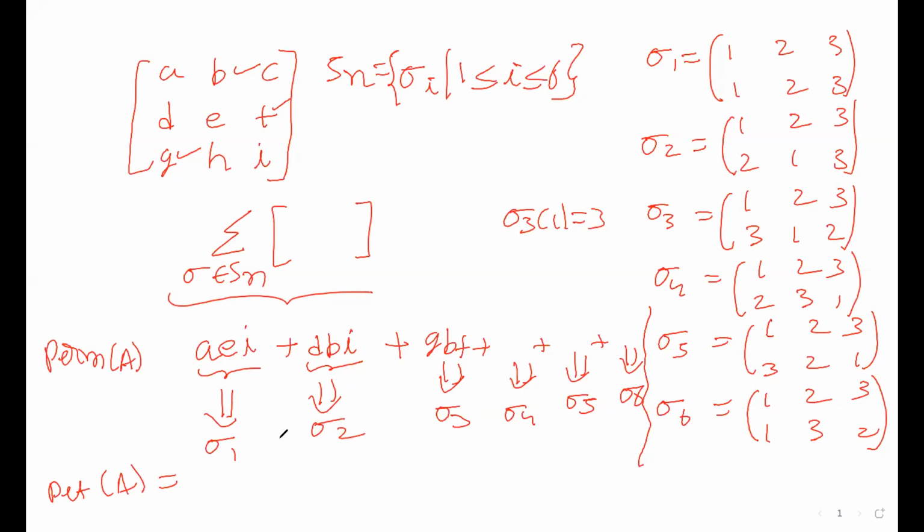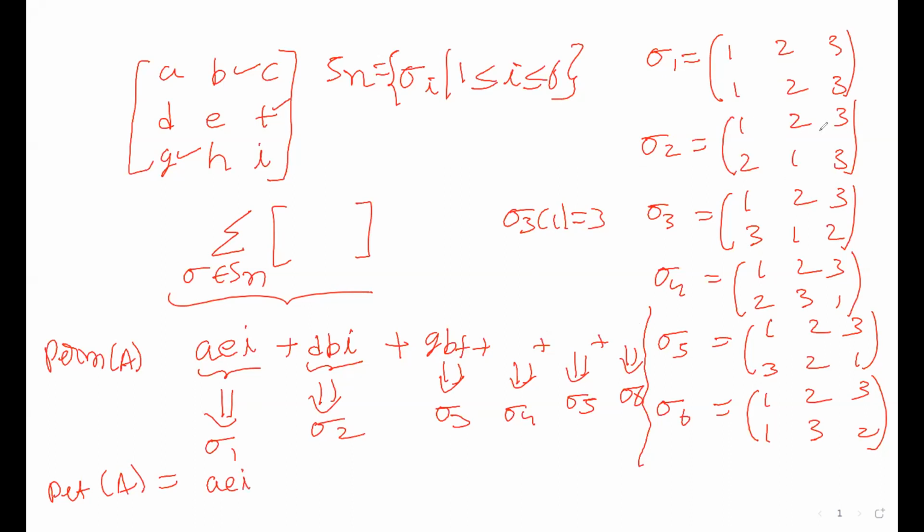That's true. So what is the sign associated with sigma 1? It has 0 transpositions, right? It is positive. There are no transpositions. 0 means even. So this term will be AEI only.